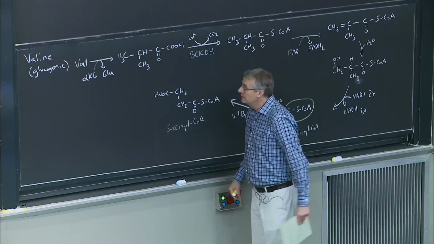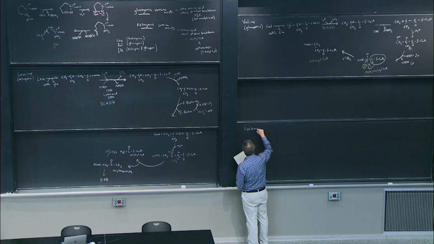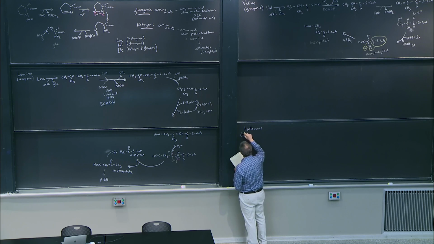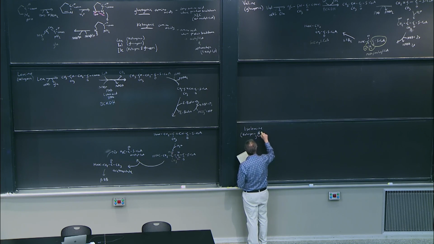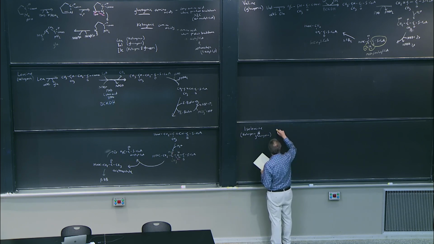All right, the last branched chain amino acid is isoleucine. Okay, so isoleucine is both ketogenic and glucogenic. Okay, so let's see how that happens.